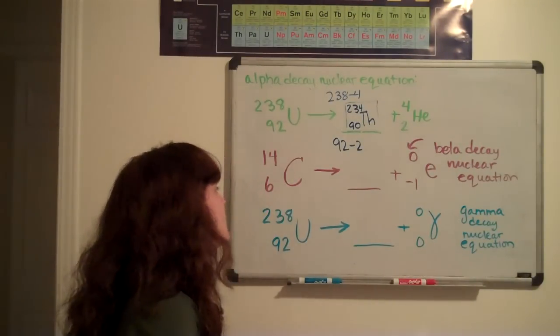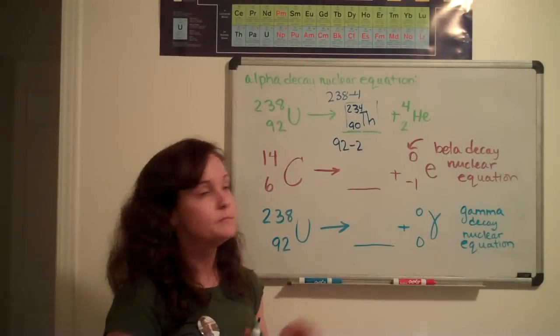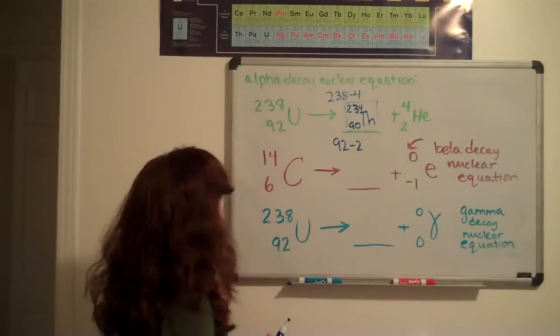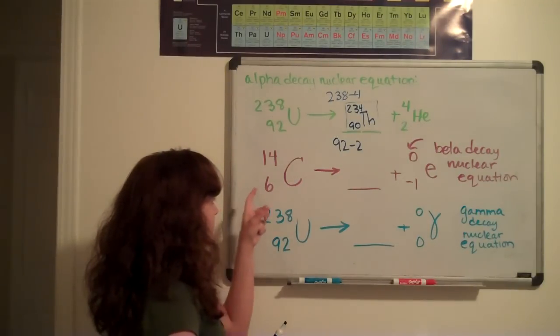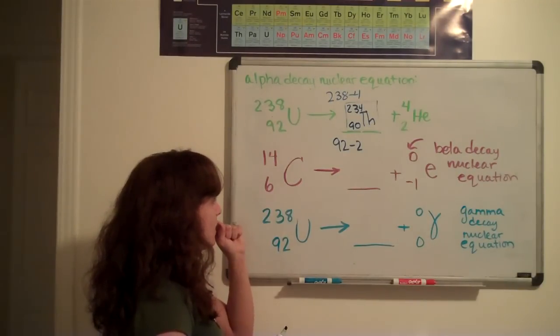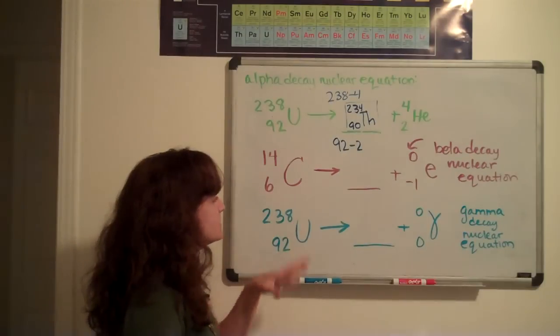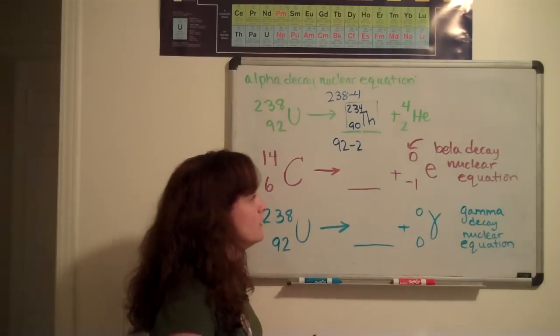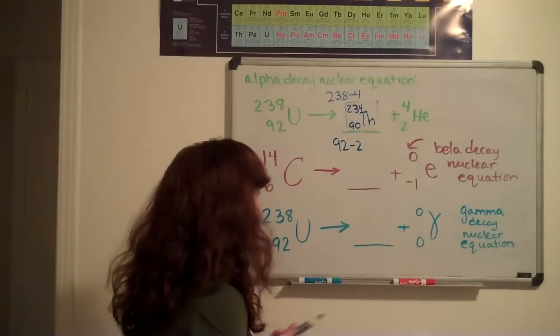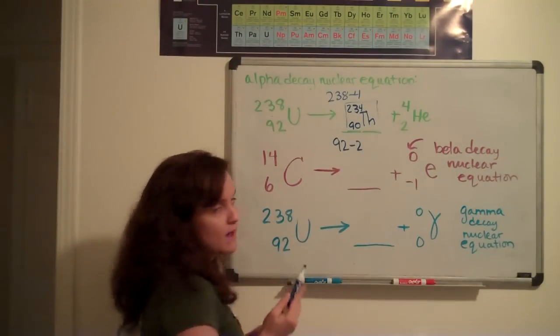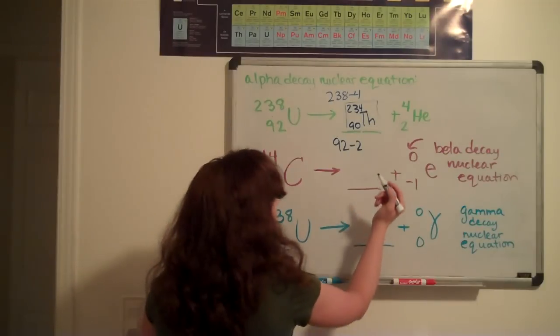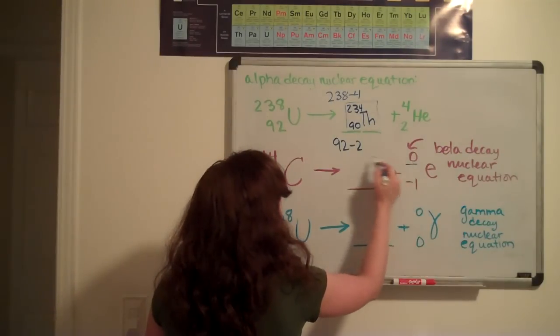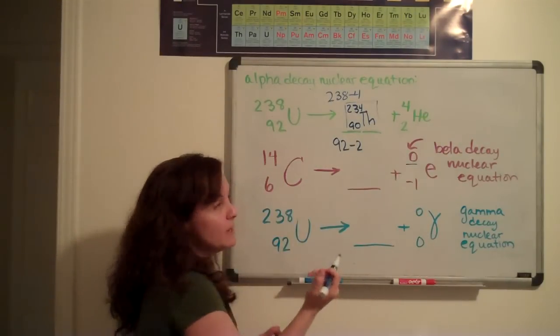So let's look at beta decay. So that was alpha. Beta decay, we have carbon-14 undergoing beta decay, and we want to know what it will form when it undergoes this beta decay. So I'm going to do the same thing that I did for the alpha. 0 plus something has to be equal to 14.